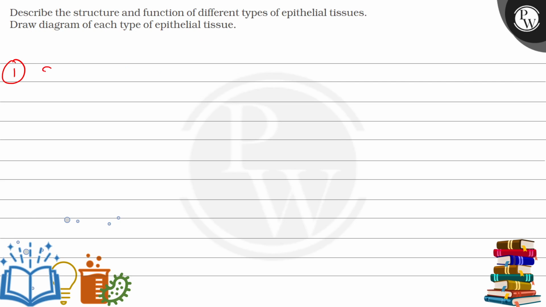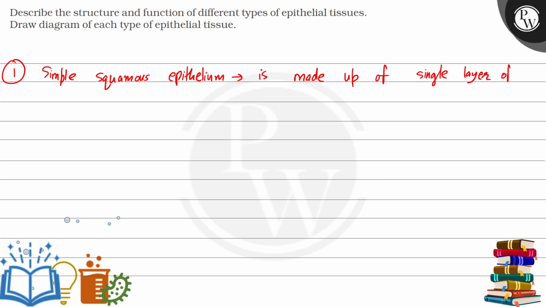चलो, the first we have simple squamous epithelium. Simple squamous epithelium is made up of single layer of thin and flattened cells with irregular boundaries.